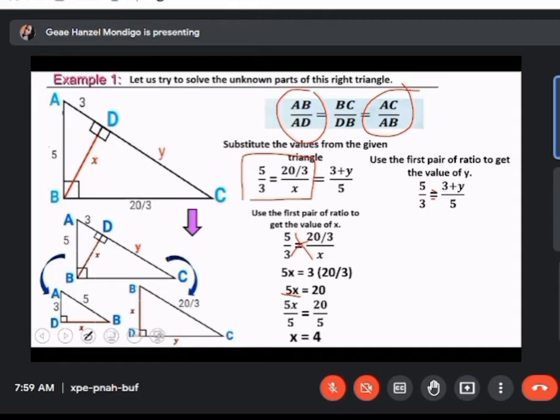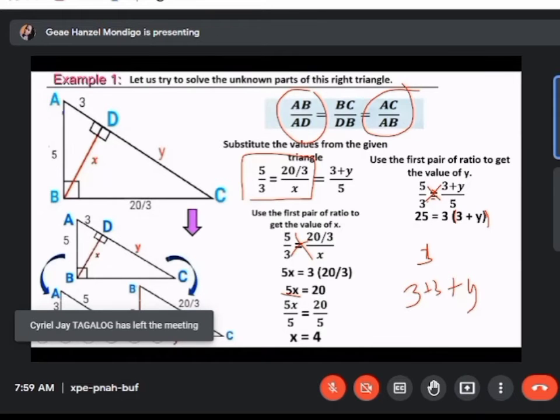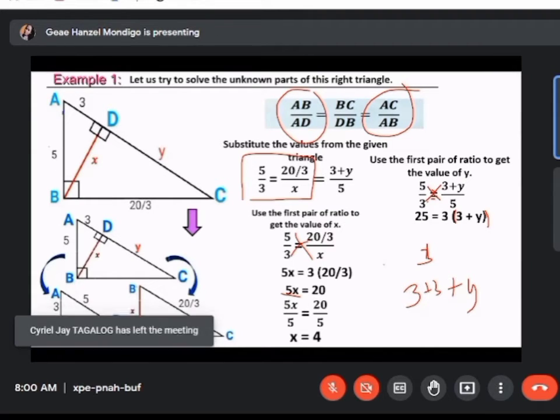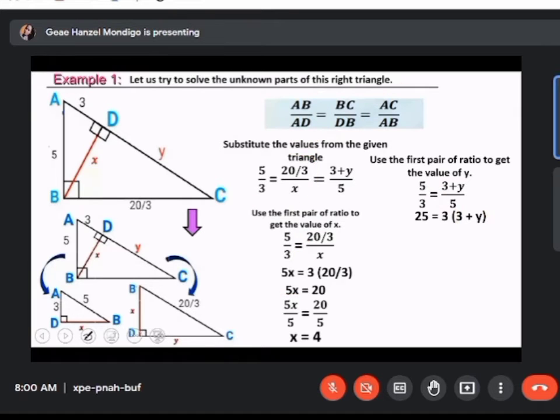So we have 5 times 5 equals 25 is equal to 3 times (3 plus y). We put parentheses here because this is multiplication. If you write this as 3, 3, then 3 plus y, this is wrong, class, right? We are going to use the multiplication property here. So we have now 25 equals 3 times (3 plus y).